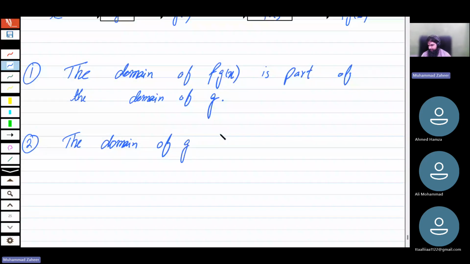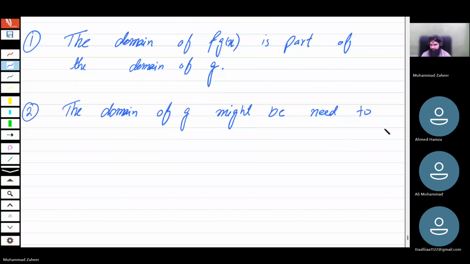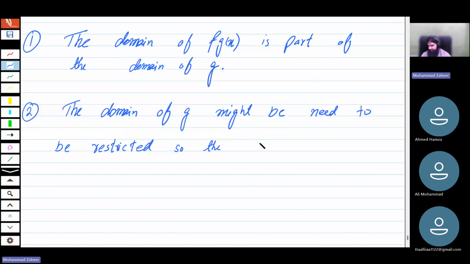The domain of g might need to be restricted so that the range of g is part of the domain of f of x.